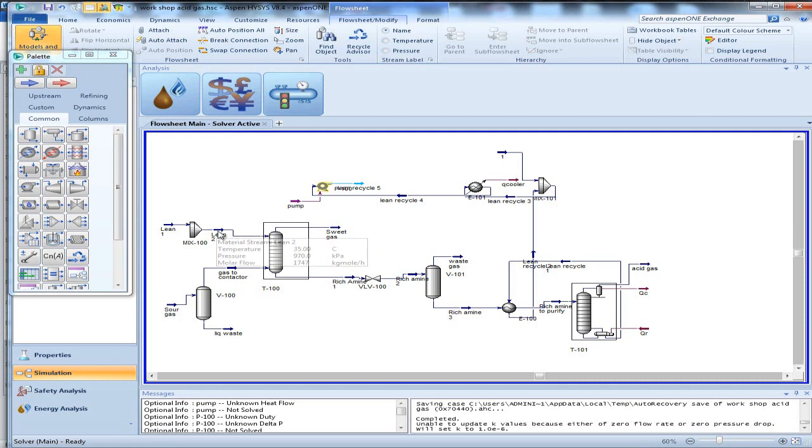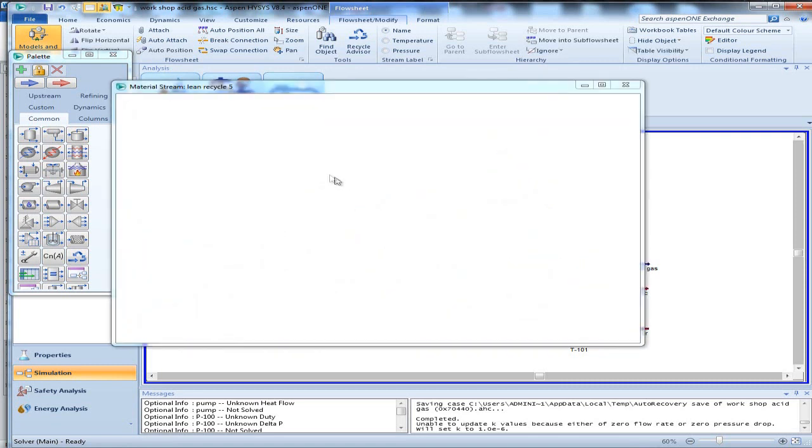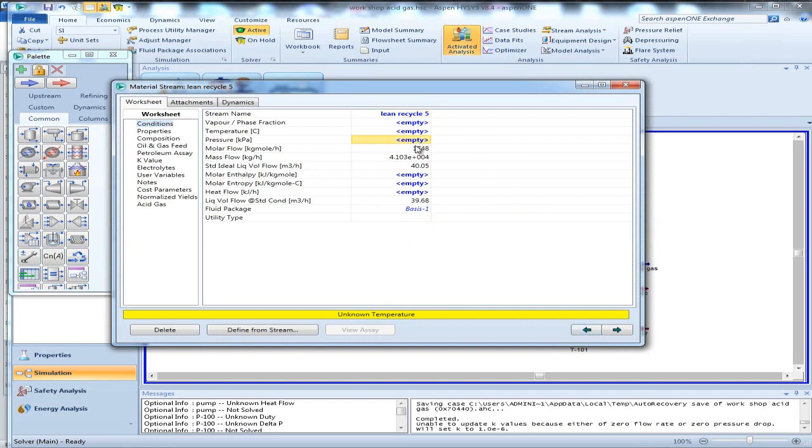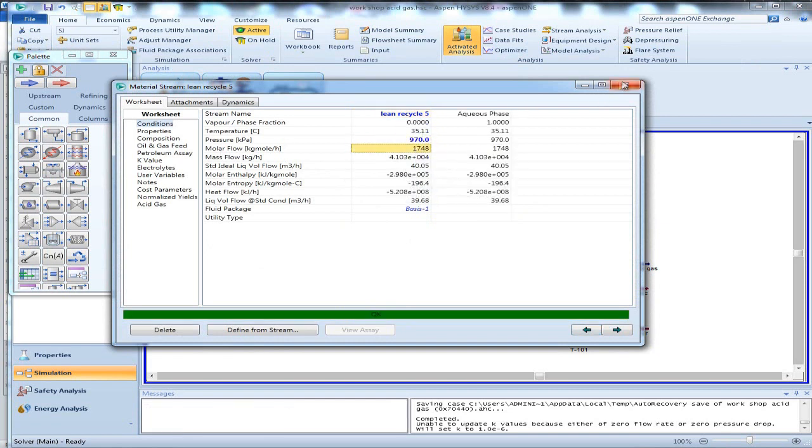And this would be increased to 970. So put that as 970. Yes.